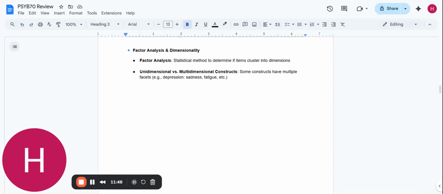For example, let's say depression. Depression may have sadness, fatigue, hopelessness. So all different aspects of depression should go under one umbrella. This means that depression is a multidimensional construct. And we want to make sure that all different things related to depression are actually moving into one cluster.